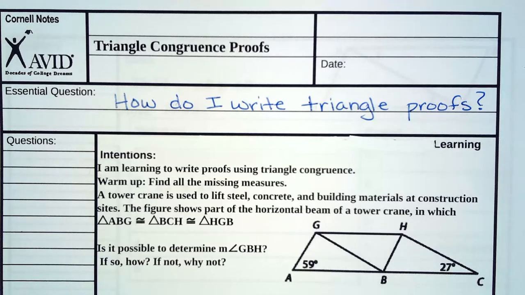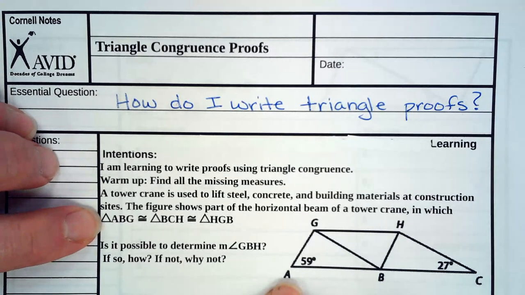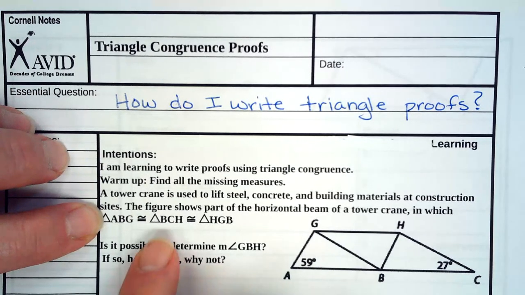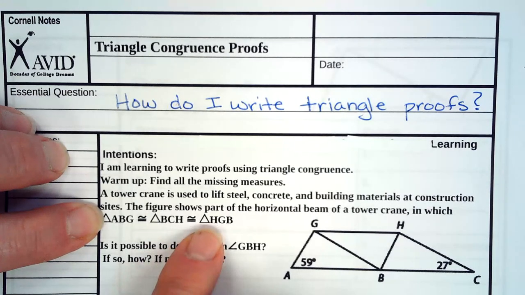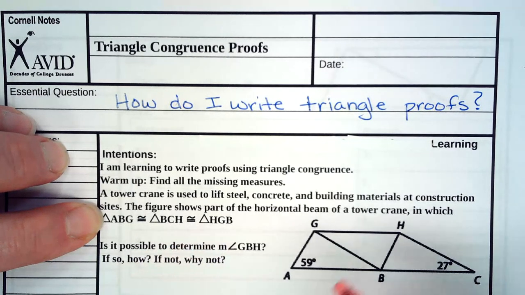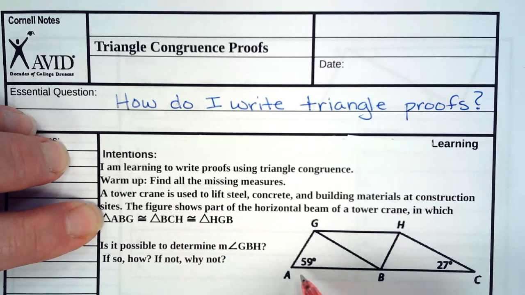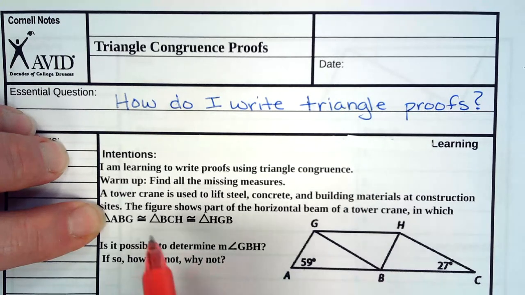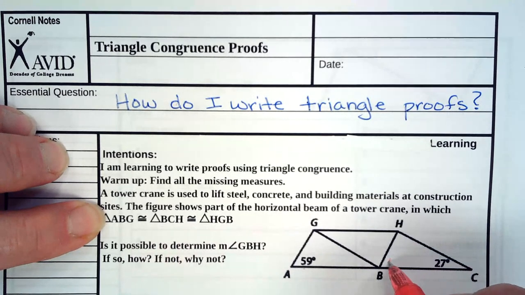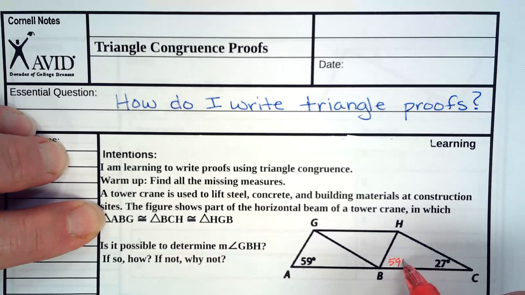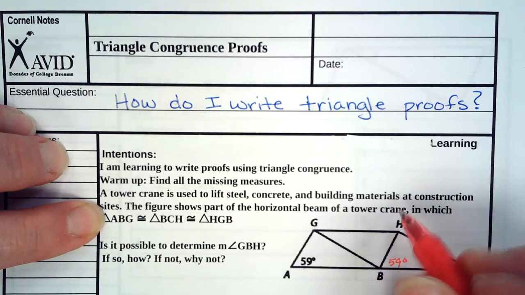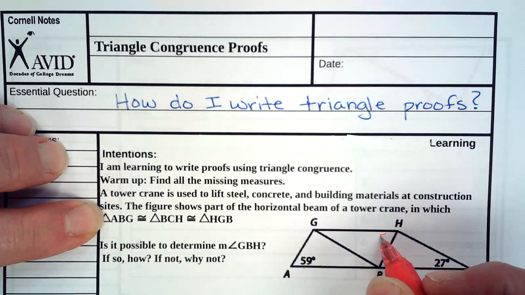Well, I hope you tried. So let's get started looking at what is congruent. Okay, I know angle A is congruent to angle B, and it's also congruent to angle H. So if A is 59, then B has to be 59 degrees, and H has to be 59 degrees.